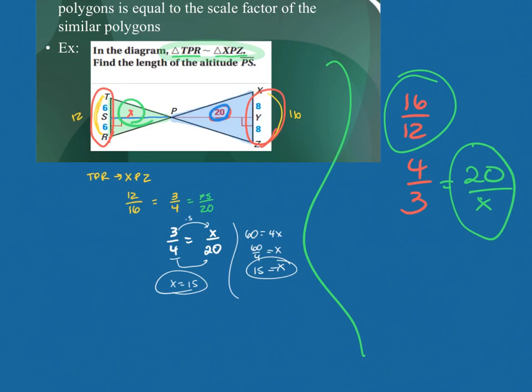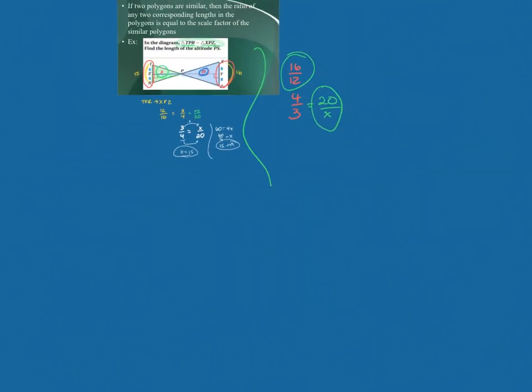Yeah, but the scale factor just refers to the sides, right? Right. But it didn't blatantly say what's the scale factor. If it said what's the scale factor, now it either has to be 3 to 4 or 4 to 3, depending on what it asks. So if it says what's the scale factor of XPZ to TPR, what does your answer have to be? 4 to 3.